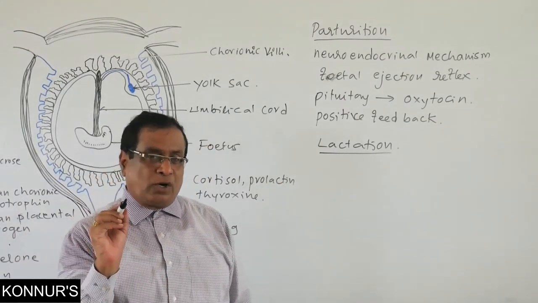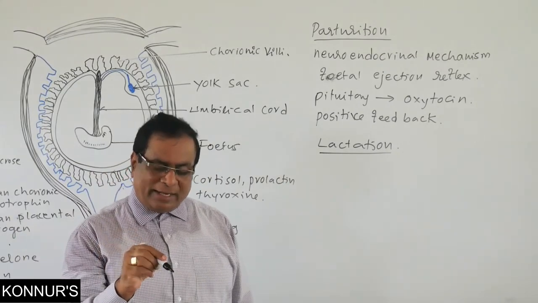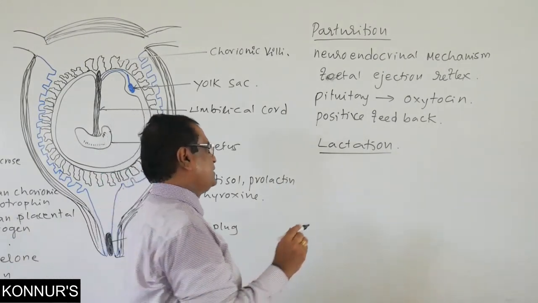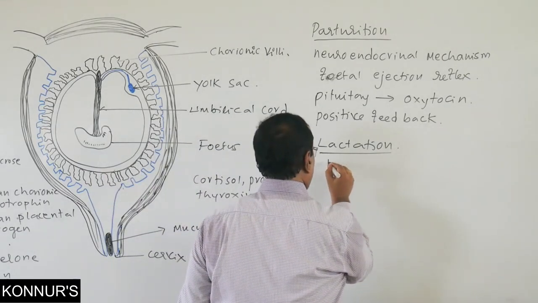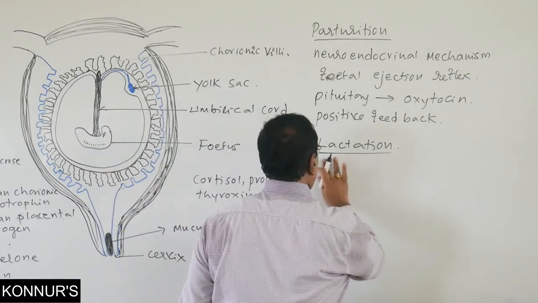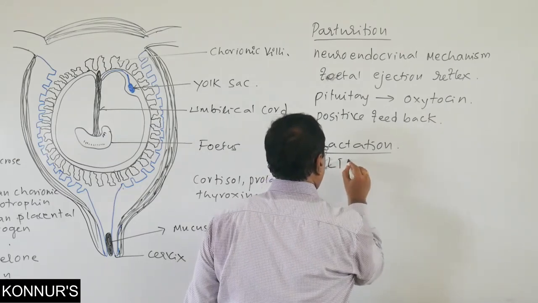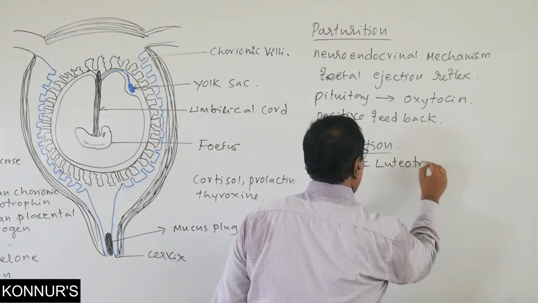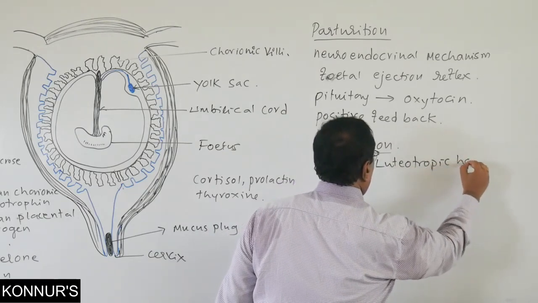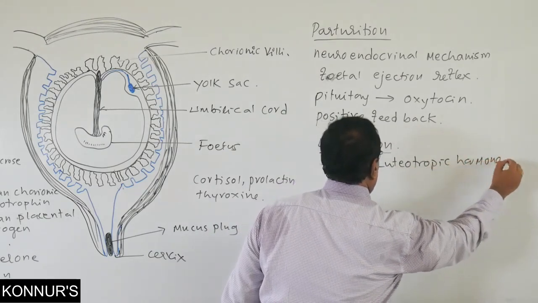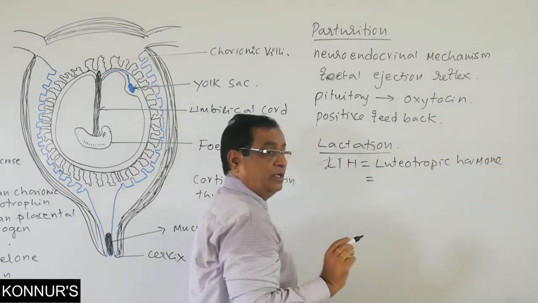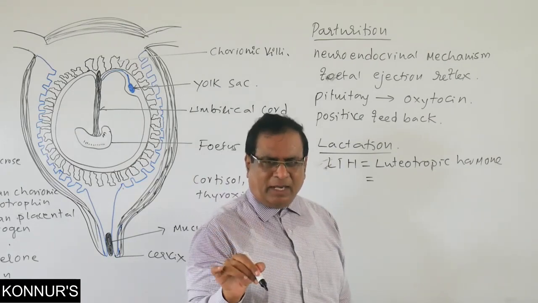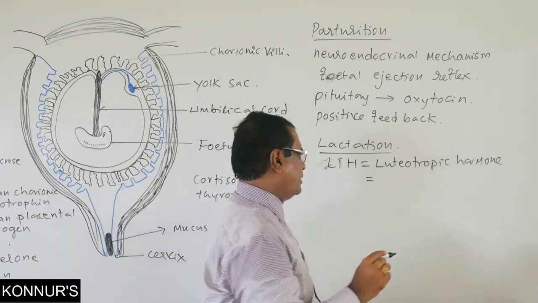The production of milk at the end phase of pregnancy in the mammary glands is under the control of LTH, luteotropic hormone of the pituitary, as it stimulates the mammary glands to produce milk.